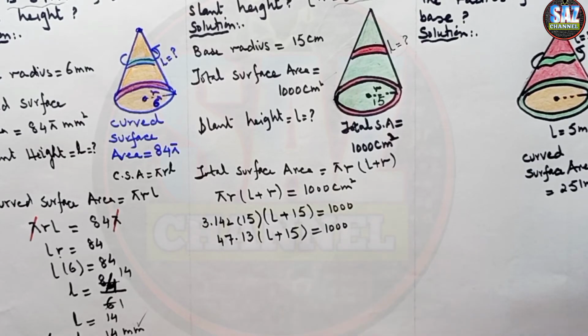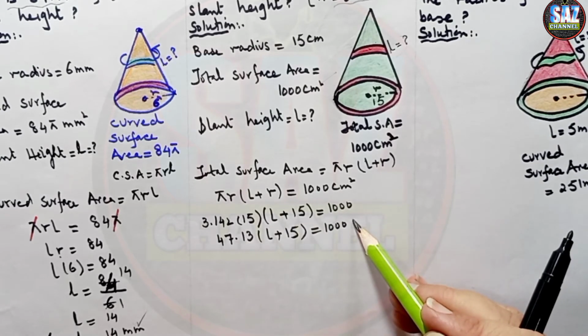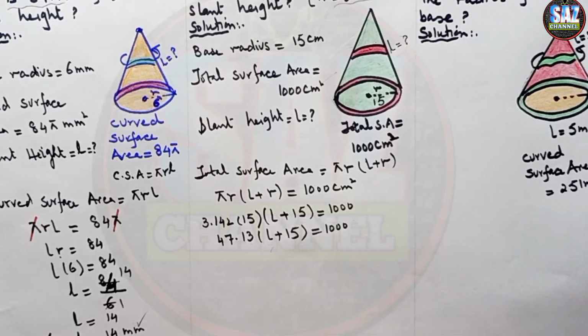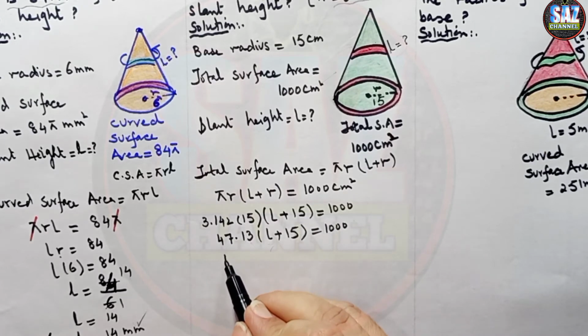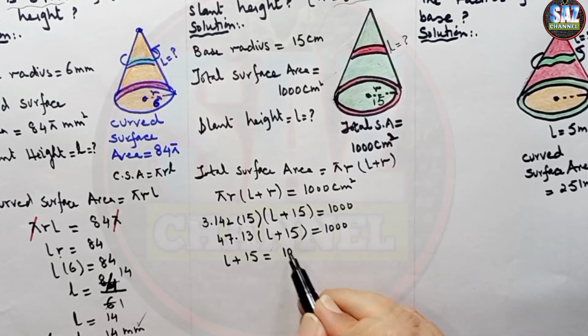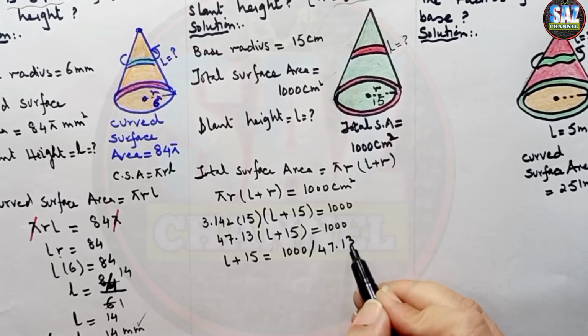Now here the algebra has to be good. Either you can divide this 1000 by 47.13 first, or we can apply the distributive property. I prefer to shift this 47.13 to the other side. So my equation will take the form L plus 15 equals 1000 upon 47.13.